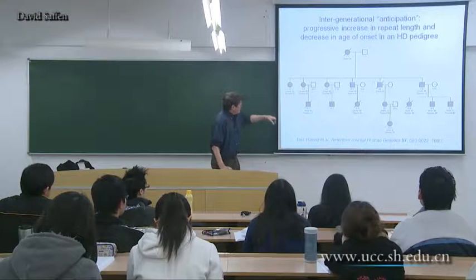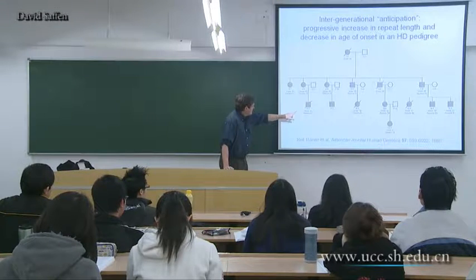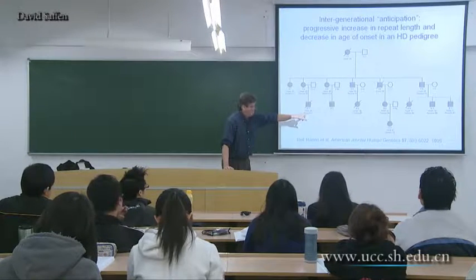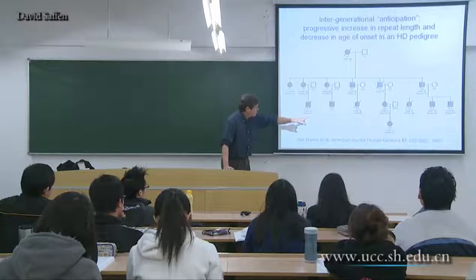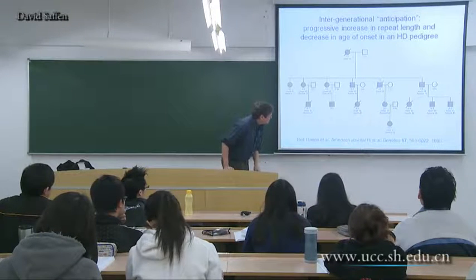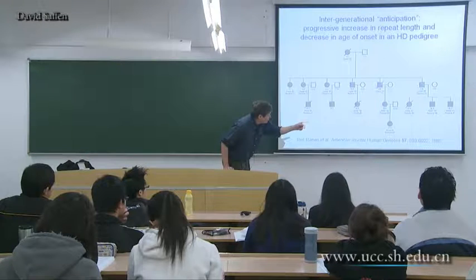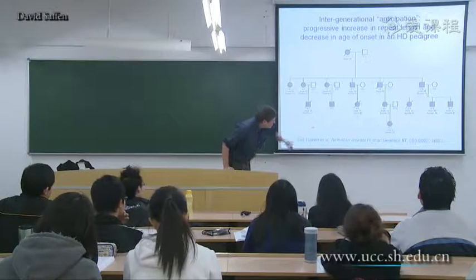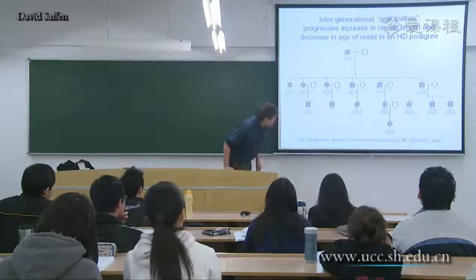But if you look at the next generation, the onset is earlier. This one, the onset's 30 with 47 repeats. Onset at 18 with 82 repeats. And then onset of 22 with 64 repeats. And onset of 21 with, I can't quite read it, 60-something repeats.